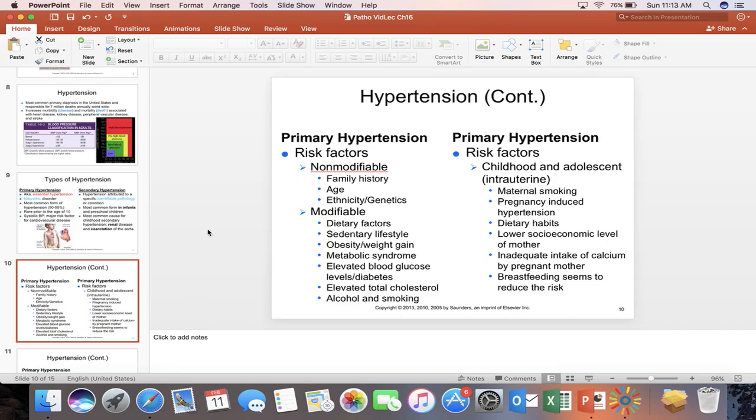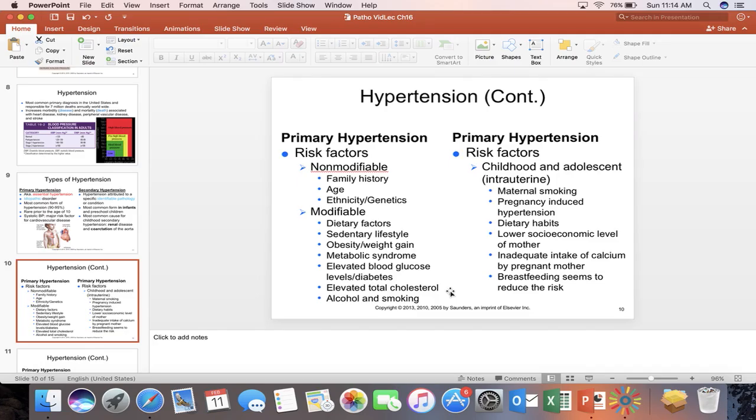Risk factors of primary hypertension also include family history, age, and genetics. The modifiable risk factors of primary hypertension include diet, sedentary lifestyle, obesity, metabolic syndrome, elevated blood glucose, elevated cholesterol, and also alcohol and smoking.